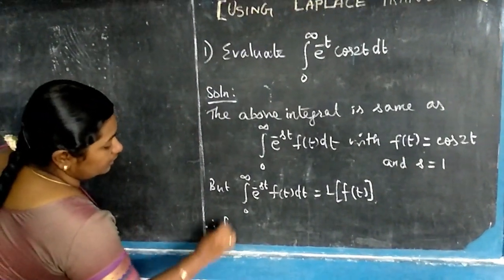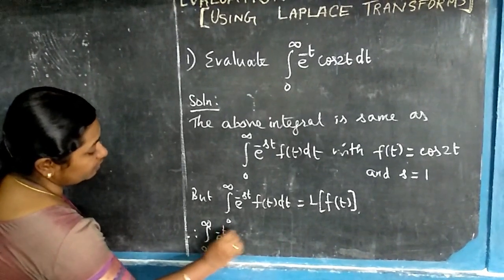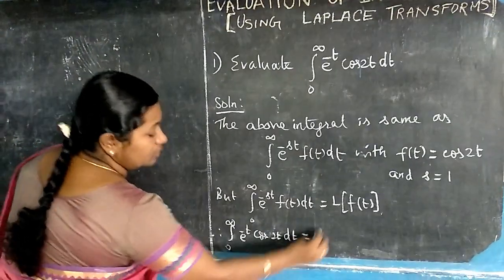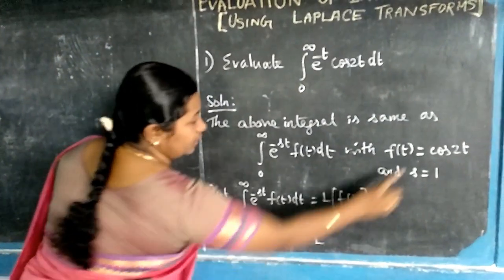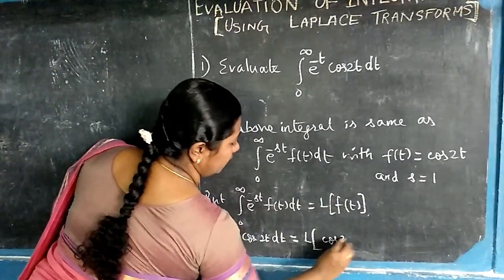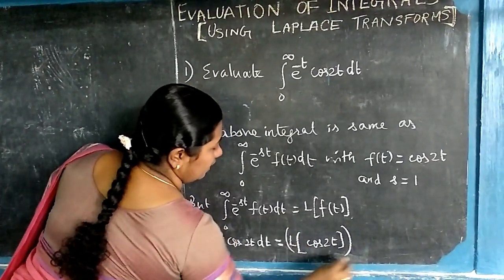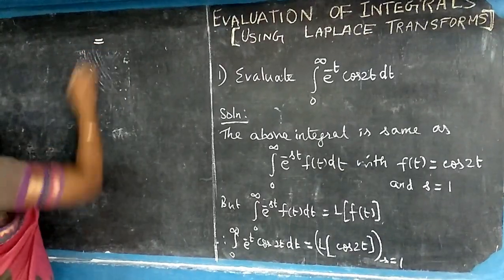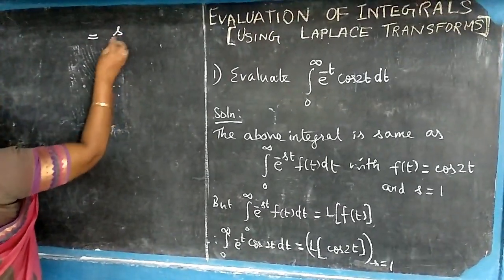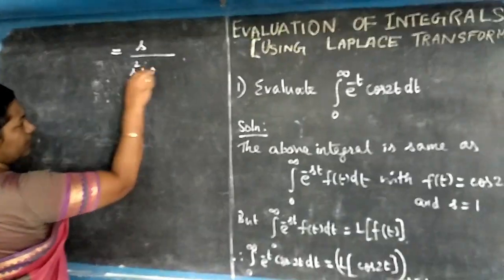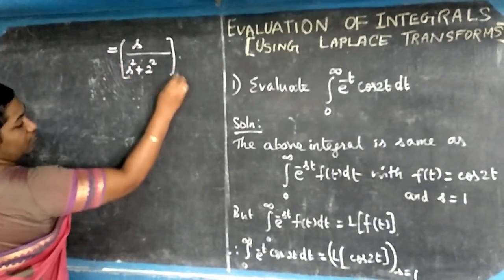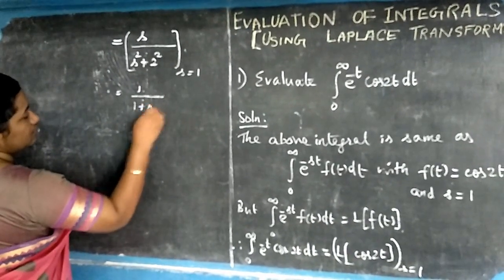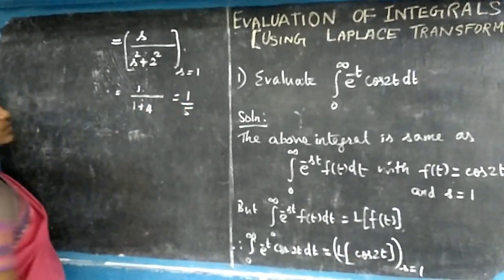Therefore, the integral of e power minus t cos 2t dt is equal to the Laplace transform of cos 2t when s is equal to 1. That is, the Laplace transformation of cos 2t is s by s square plus 2 square, and when s takes the value 1, it is 1 by 1 plus 4. The answer is 1 by 5.